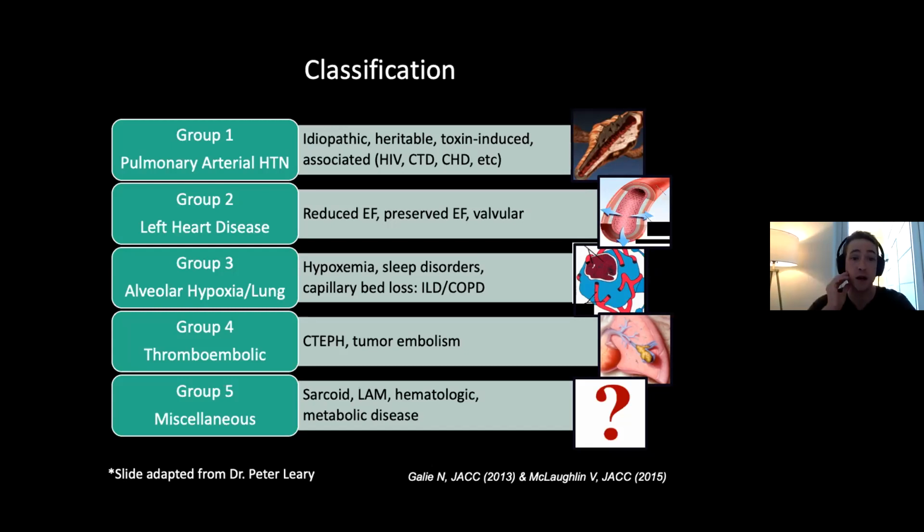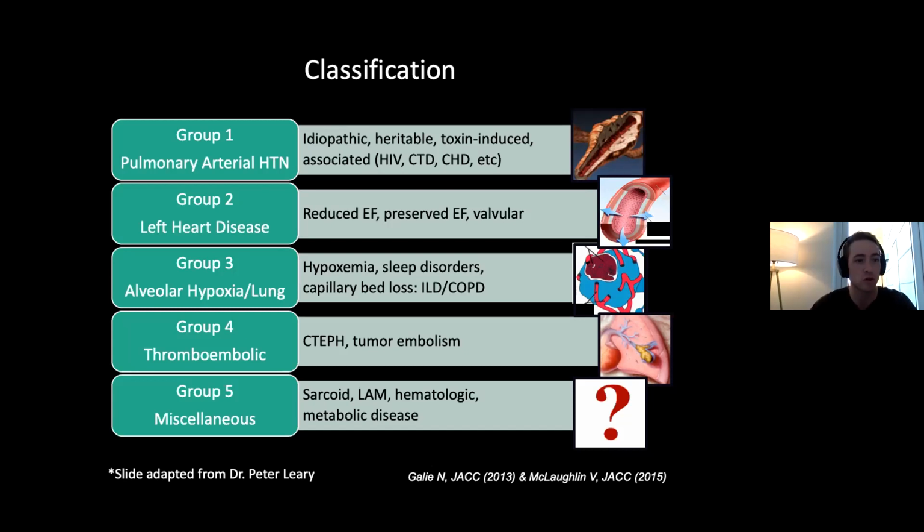But we know of these causes, portopulmonary, connective tissue disease, and familial associated have the worst prognosis. And while all these diseases are put into a single group, it's pretty clear that they're extremely heterogeneous, but no guidelines exist recommending different treatments for different groups, and they all get the same therapy regardless of etiology.